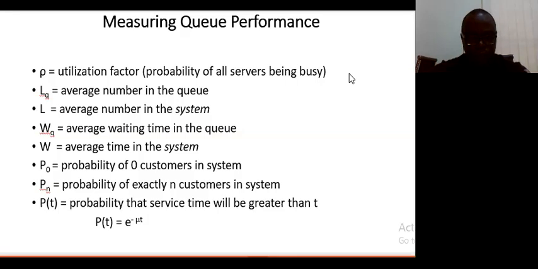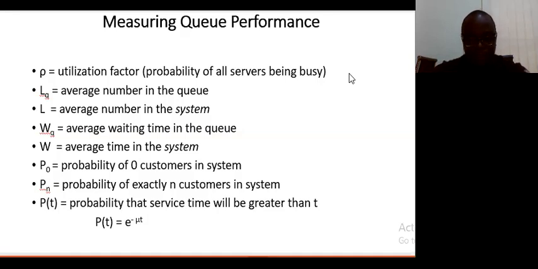Then we also have WQ, the average waiting time in the queue. That is the time customers spend waiting on the queue. And then W represents the average time in the system. That is the time that customers wait on the queue and the time that they spend being served altogether. Then P naught is the probability of no customer in the system.